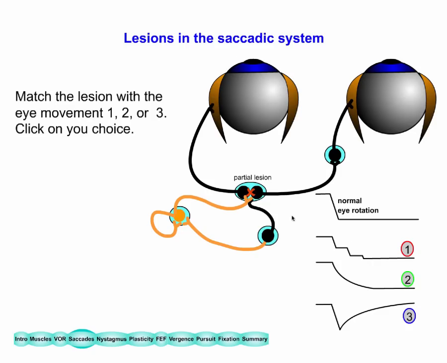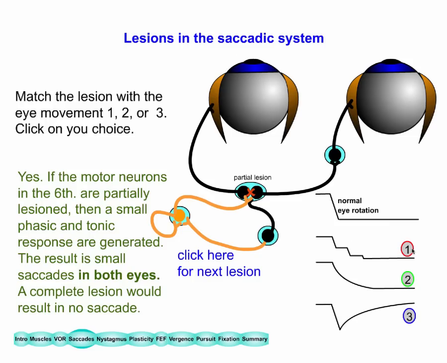Again, which of these might it be? This one? This one? Okay, no one wanted to commit themselves. We'll try again. This one. Yeah, good choice. These are small versions of that.